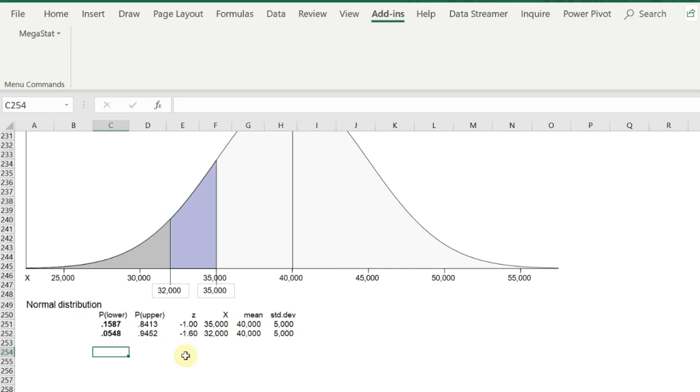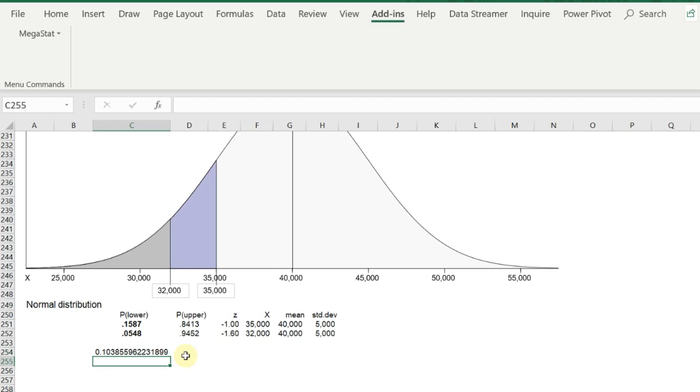I hit equal sign on the keyboard, up arrow. Once you reach the cell, then you do minus, up arrow to that, and hit enter. There you go, 0.1039, and that is rounded to the nearest 10,000ths.